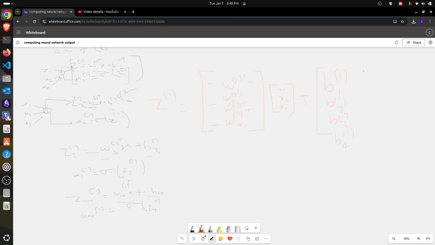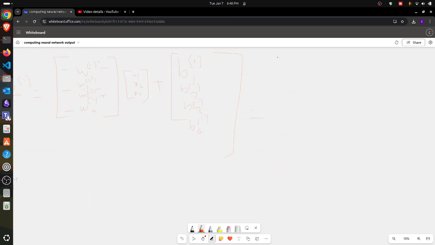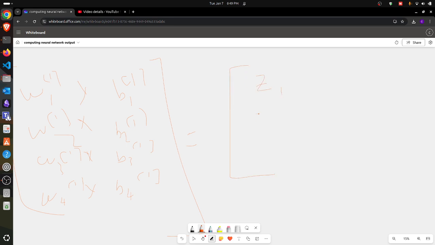That's how it will be basically, and it will give us the output as w1, w2, w3, w4 of the first layer of x, plus b1, b2, b3, b4, and that will equal these z terms, like z1, z2, z3, z4 of the first layer.